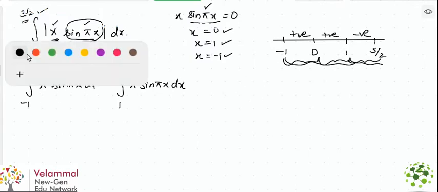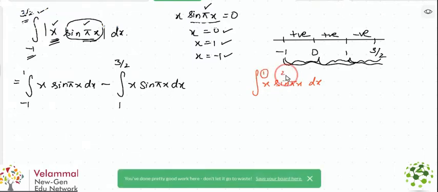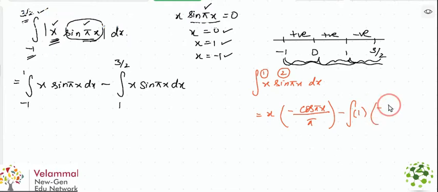Let me do it on the side because that itself is a big question. x sine pi x dx. So do you remember? Yes, integration by parts. The answer is first function into integration of second function, minus cos pi x by pi, minus the integral of differentiation of first function into integration of second function.